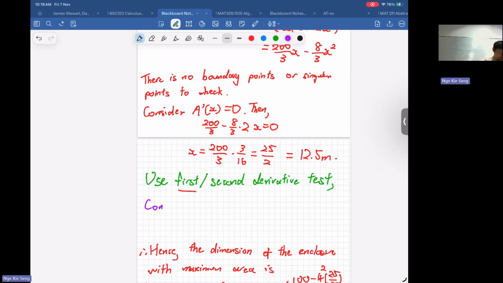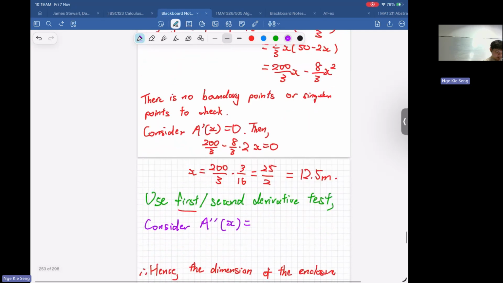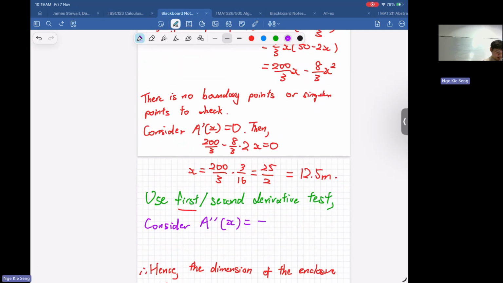So consider A''(x), which is -16/3, which is less than 0.